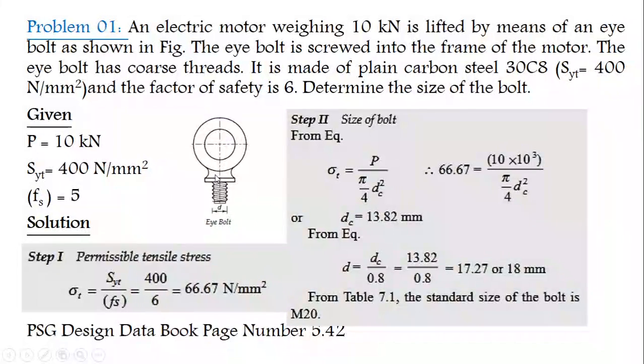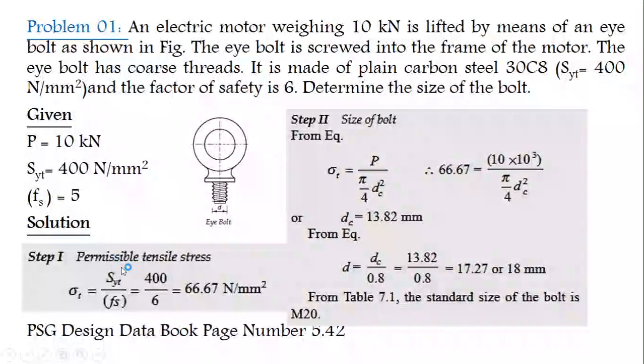The threaded portion of the eye bolt is subjected to tensile stress due to the weight being lifted. Only the threaded portion is subjected to the tensile load. Step 1: find the permissible tensile stress.